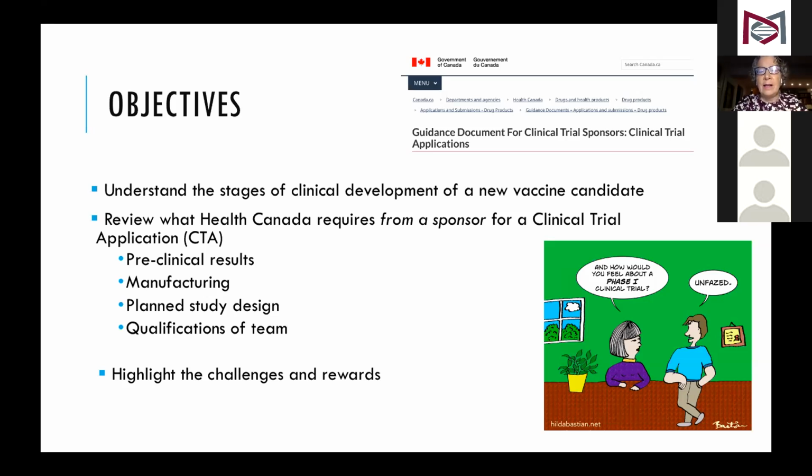We at McMaster really don't have those resources behind us, and it's actually the university that is the sponsor of our clinical trial. And if Jonathan's on the line, that also comes with responsibilities. I will highlight the challenges and the rewards of doing this towards the end.